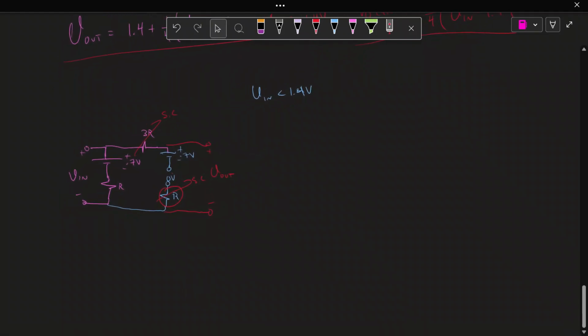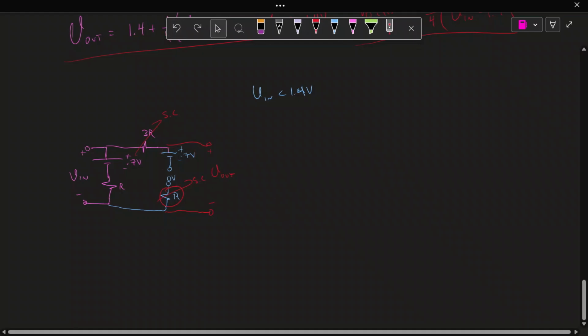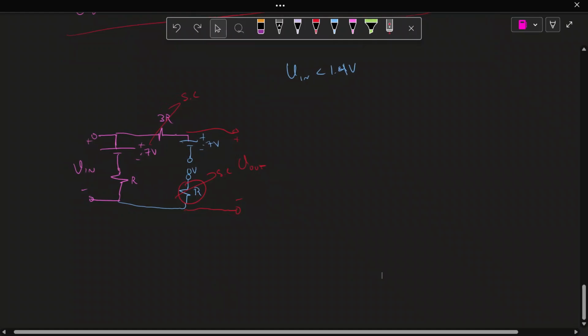Because in practicality, this diode is still conducting a very, very tiny bit, and it's actually going to be the same voltage across this. And because the 3R and this R are shorted, the voltage across both of these will be V in. In ideal cases, it isn't, though. I'm not sure why, but that is just the case.